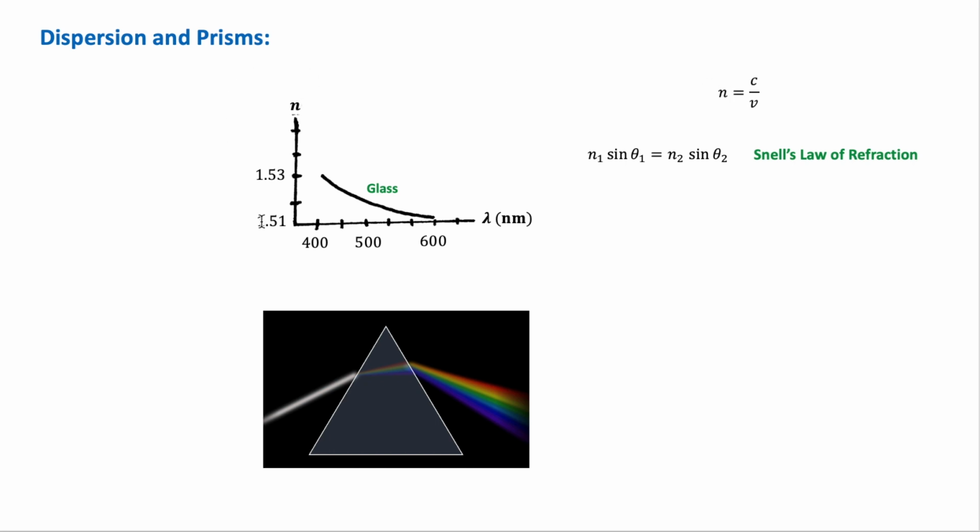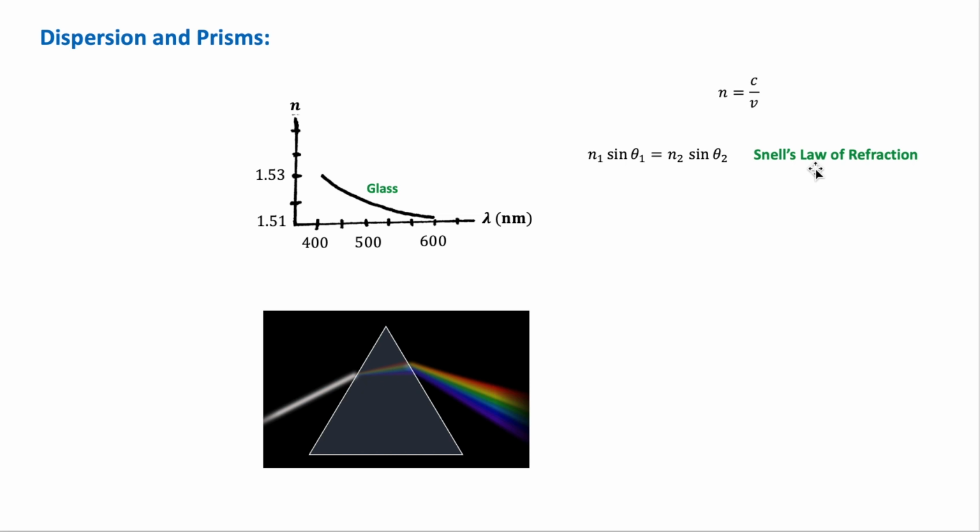So the figure here shows how the index of refraction of glass varies with wavelength. And because n varies with lambda, it follows from Snell's law that the angle of refraction also depends on the wavelength of the light.